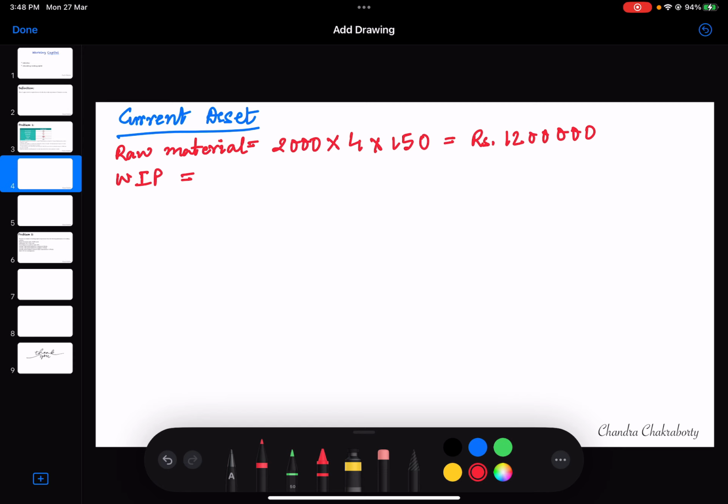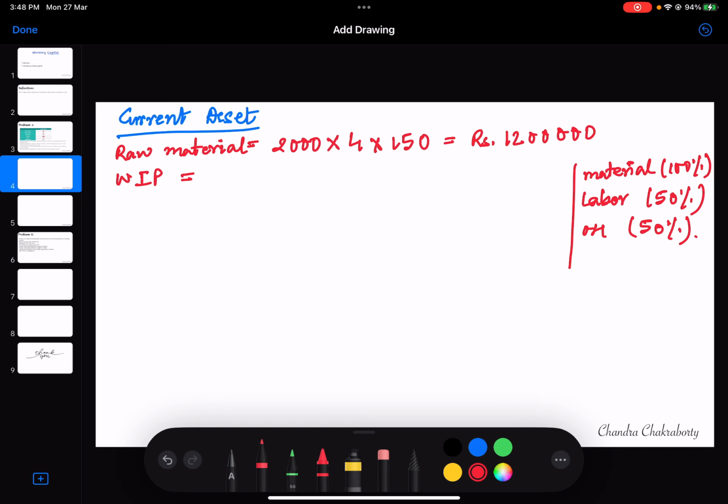In this case, you will consider material to be 100%. You will consider labor, the wages, to be 50%. And you will consider the overhead expenses to be 50%.